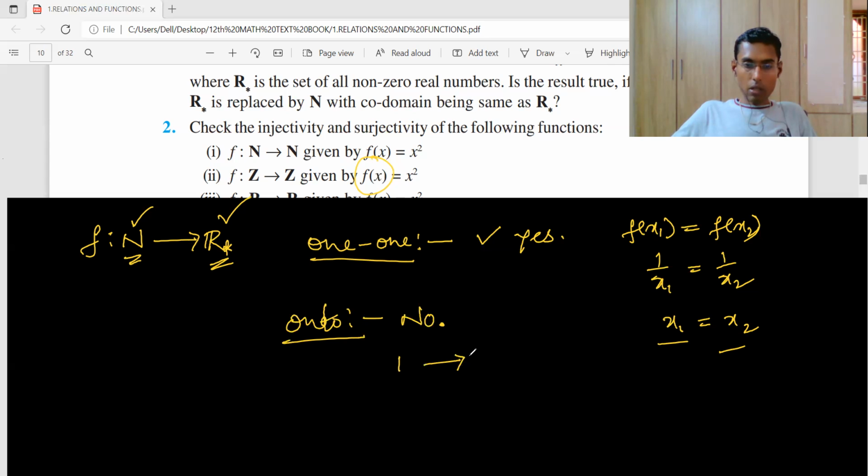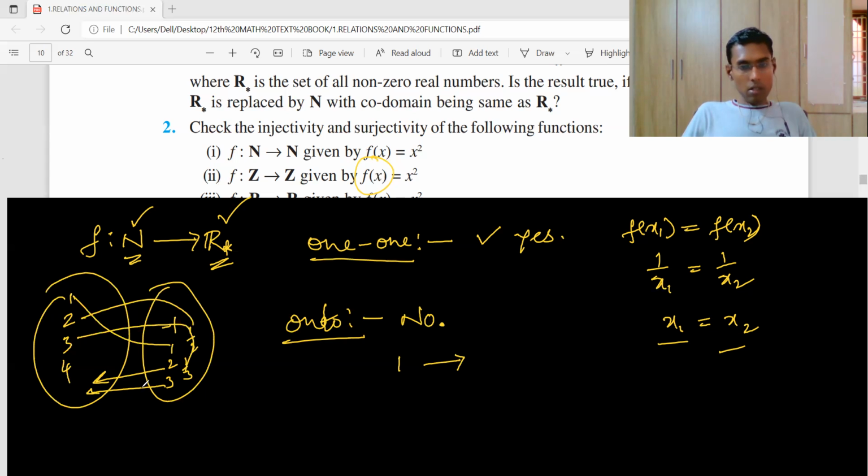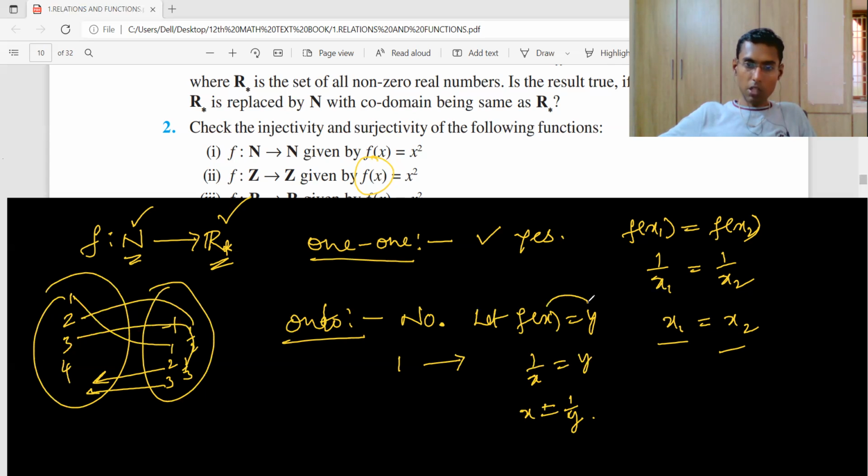For negative numbers there is no pre-image. The pre-image of 1 by 2 and 1 by 3 will be there, but the pre-image of 2 and of 3 is not there. Why? Because let f(x) equal to y, so 1 by x equal to y, x equal to 1 by y. That means the pre-image is x, that is 1 by y.